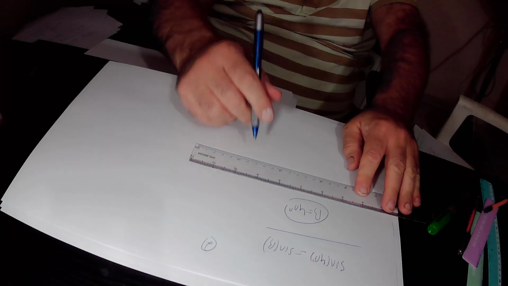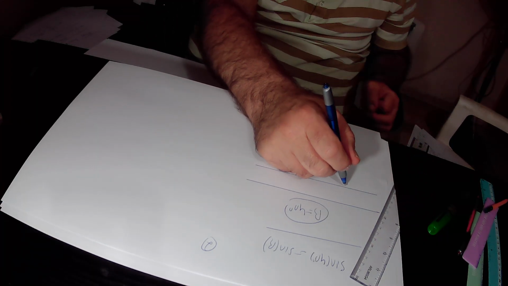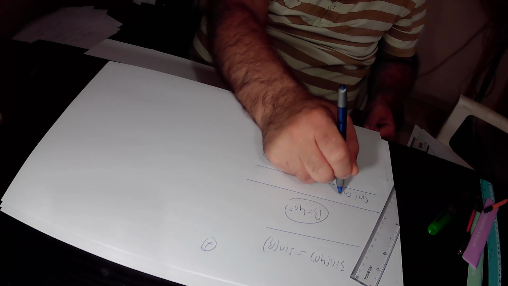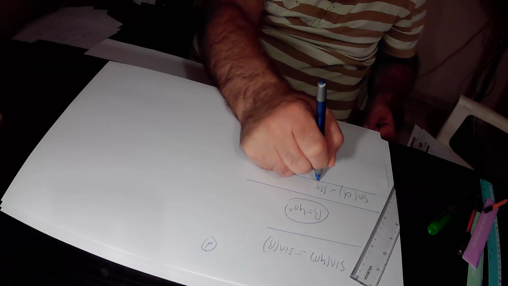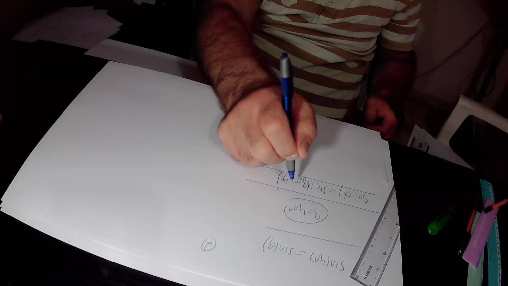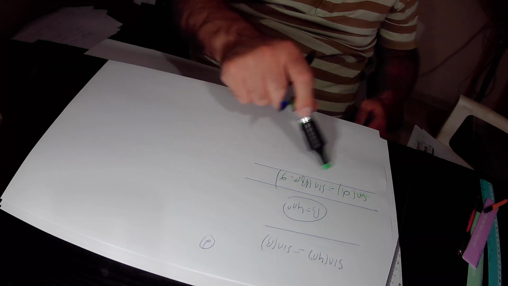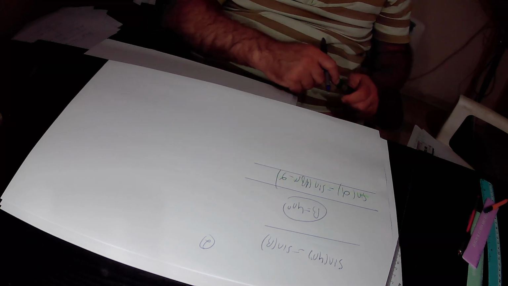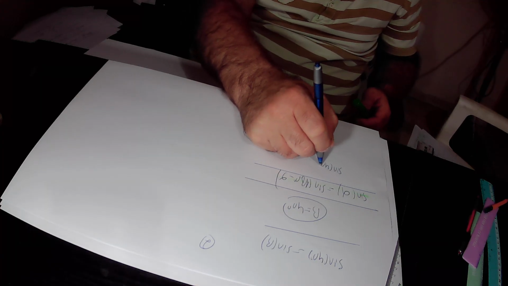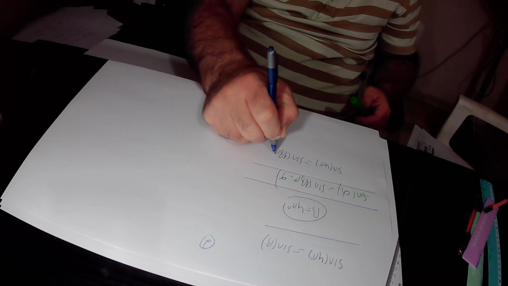But we have another trigonometric identity that says that sine alpha equals sine of 180 degrees minus alpha. So according to this trigonometric identity, we get that sine 40 degrees equals sine of 180 degrees minus 40 degrees.